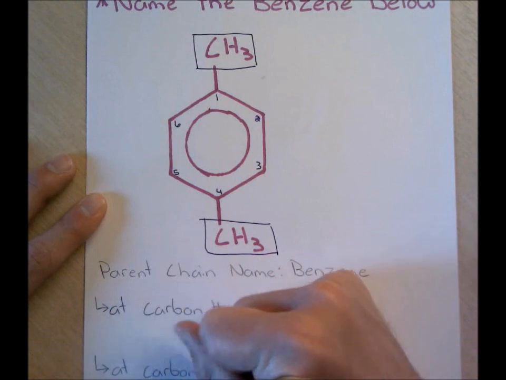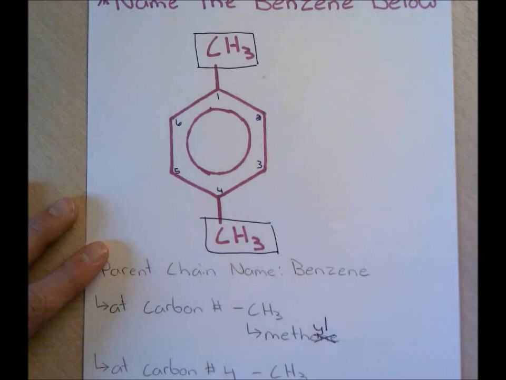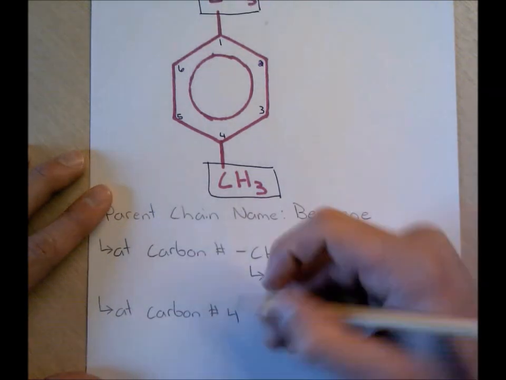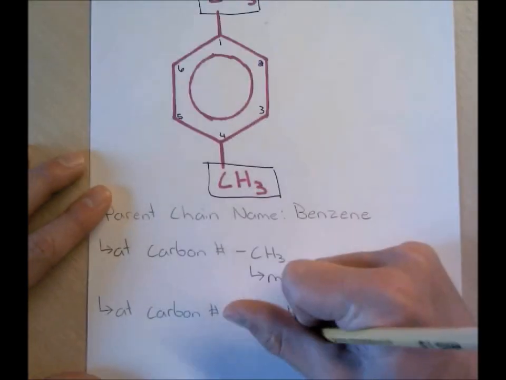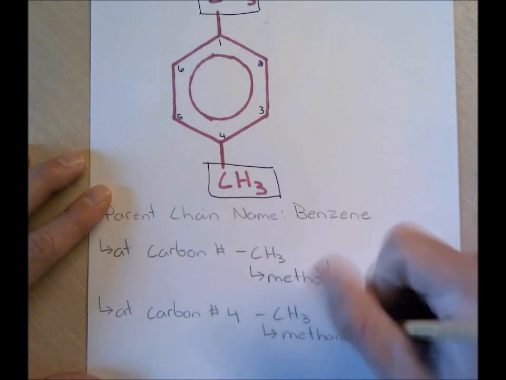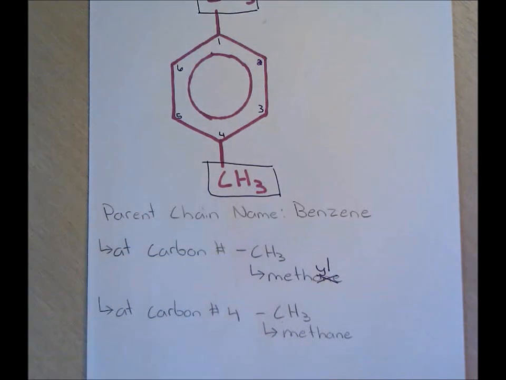Just like the last one, a 1 carbon structure is given the name of methane, and so we can write this down. But again, because this is an attached group, we have to chop off the A-N-E ending and add a YL.